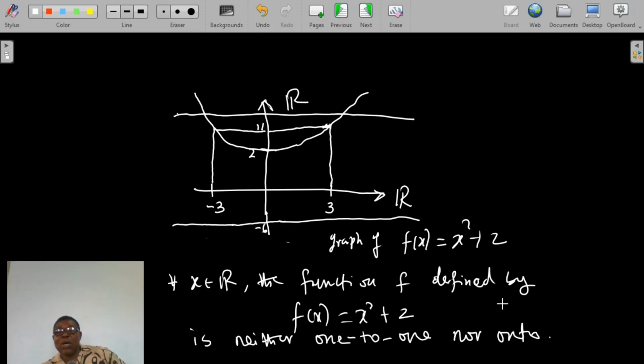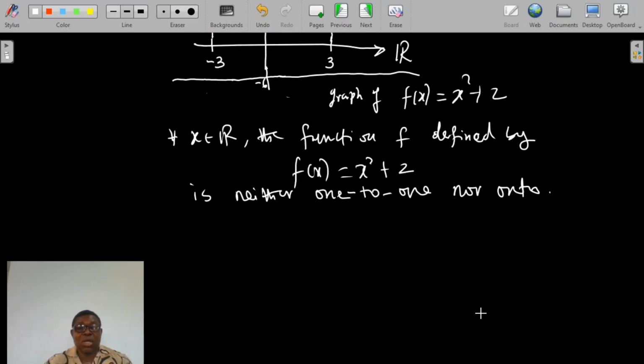It is not 1-to-1, it is also not onto. So what we've achieved here is that example 3 has given us an example of a function that is 1-to-1 but not onto. Example 4 is an example of a function that is onto but not 1-to-1. Then example 5 is an example of a function that is not 1-to-1 and is also not onto.